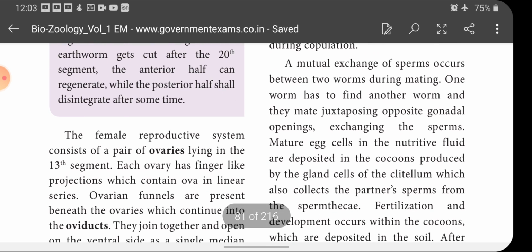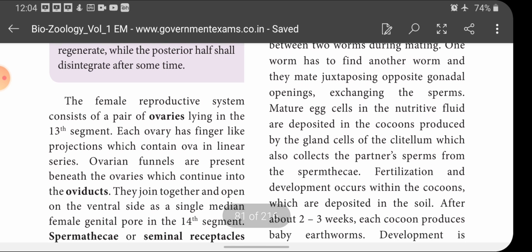A mutual exchange of sperms occurs between the two worms during mating. During mating, the two worms come together, attach on opposite sides and exchange their gametes. One worm finds another worm and they mate, juxtaposing opposite gonadial openings, exchanging the sperm.